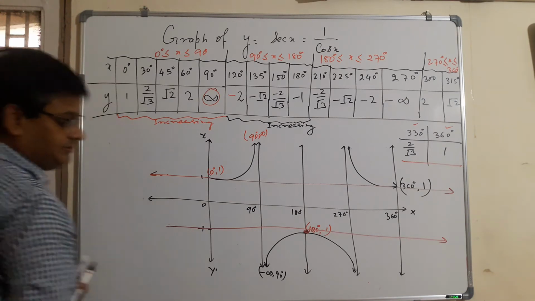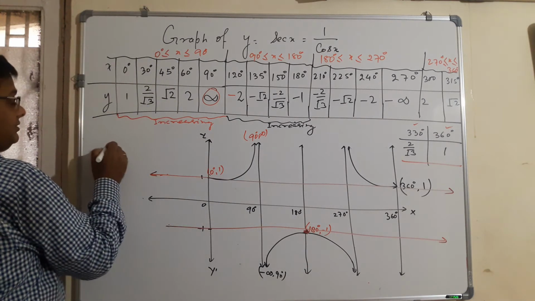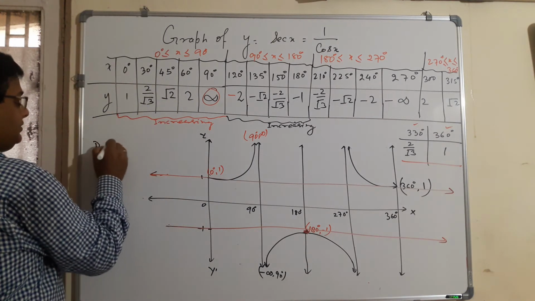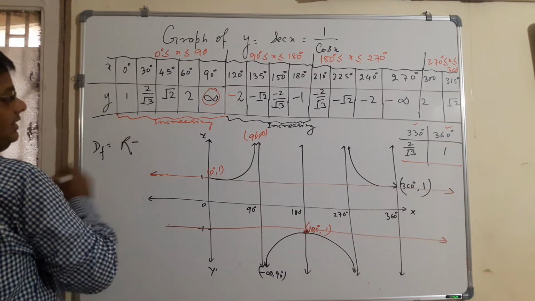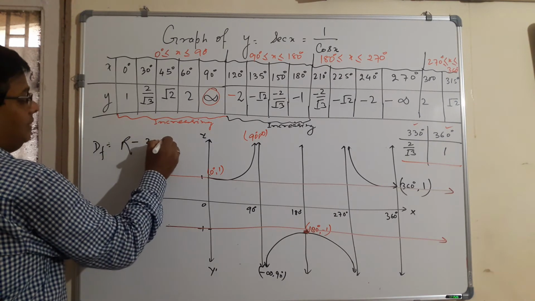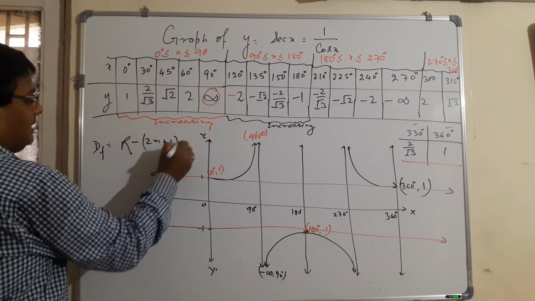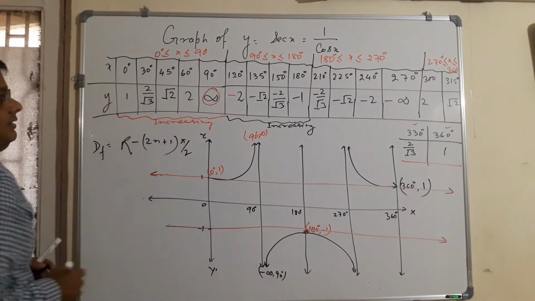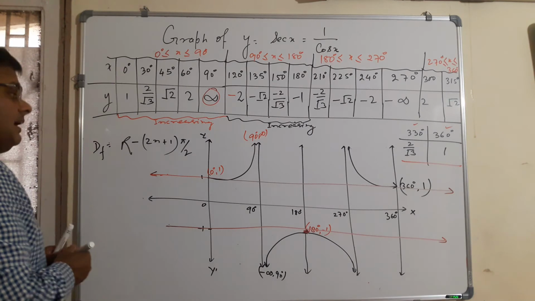So the domain of y is equal to sec x, Df, is the set of all real numbers except (2n plus 1) pi by 2.